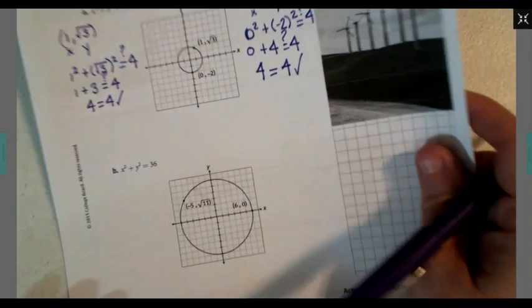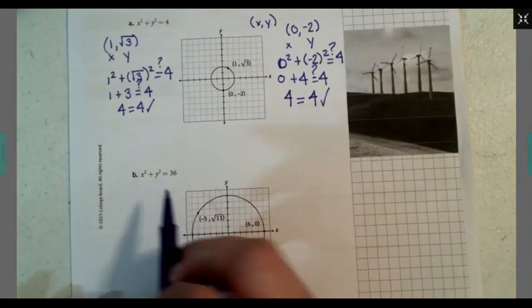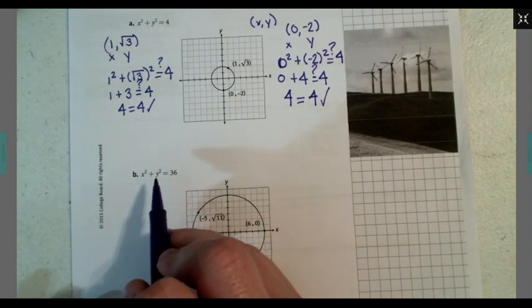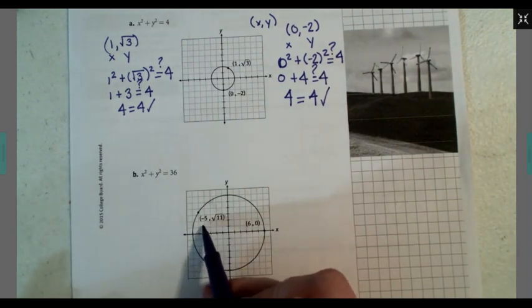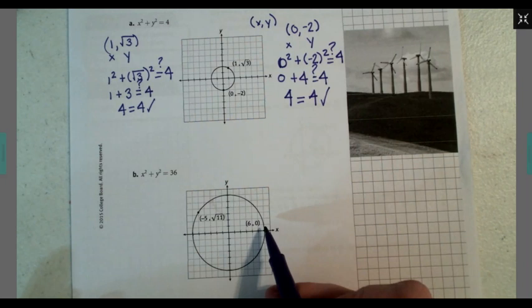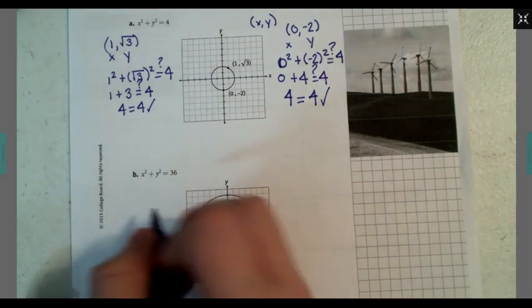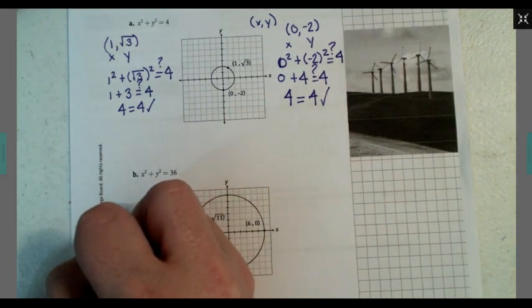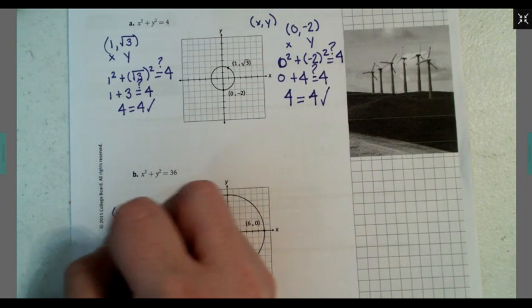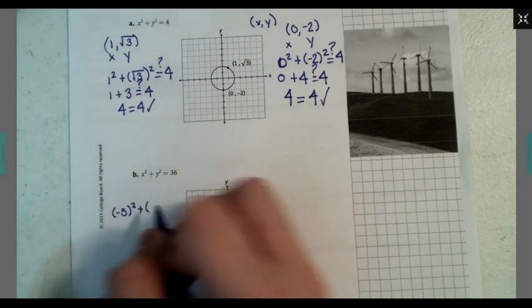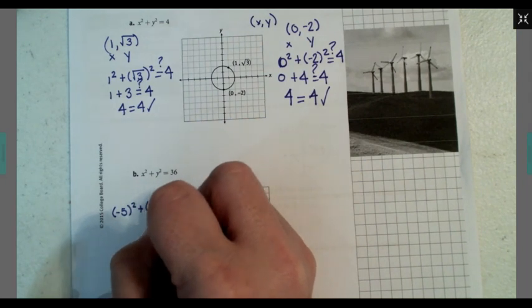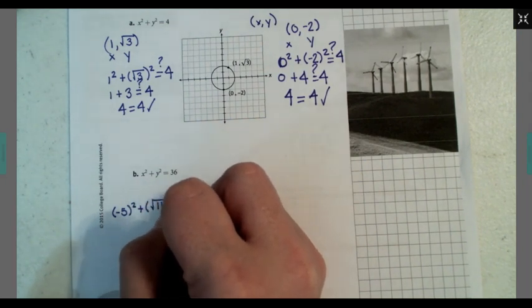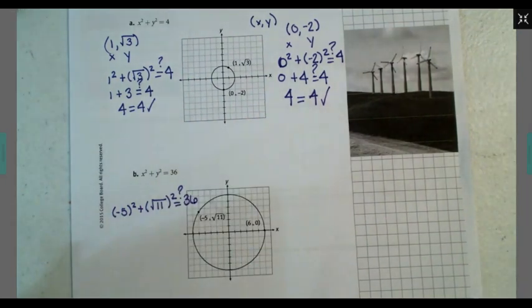Let's take a look at 1b. 1b says x squared plus y squared equals 36. And it gives us 2 points: (-5, square root of 11) and (6, 0). We're going to do -5 squared plus the square root of 11 squared. And I want to know if this equals 36.